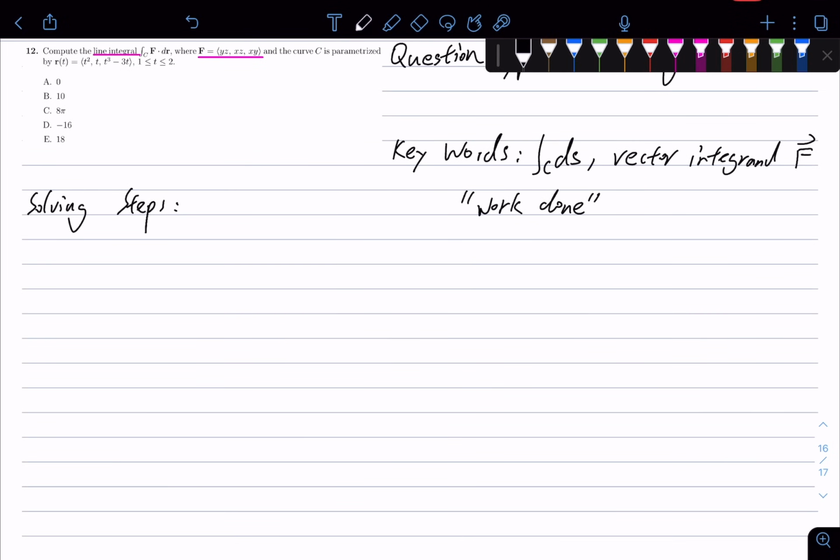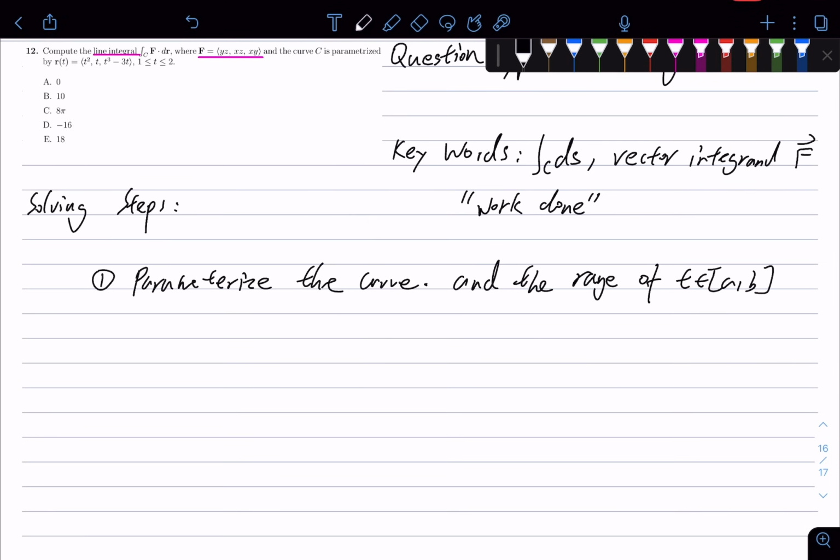So to solve these types of problems, again, we're going to parameterize the curve. In this case it is done, and the range of t, a, b, this is also done for us.